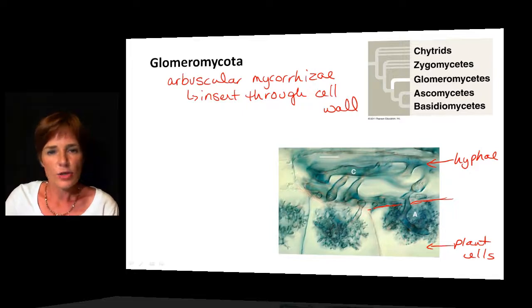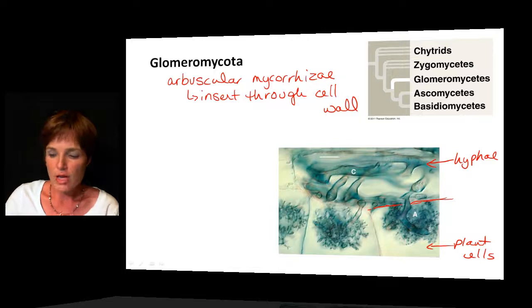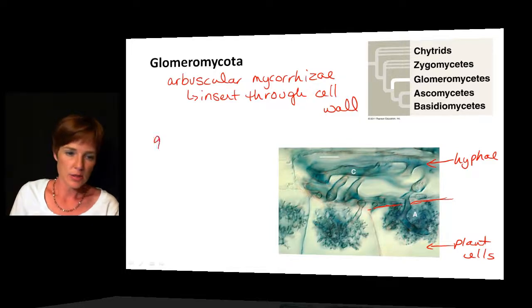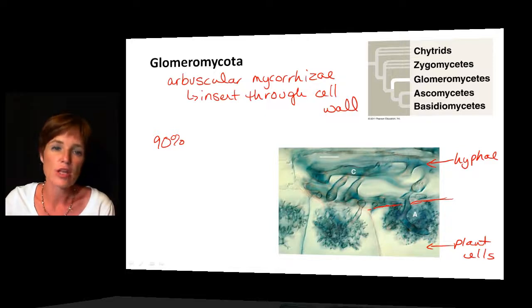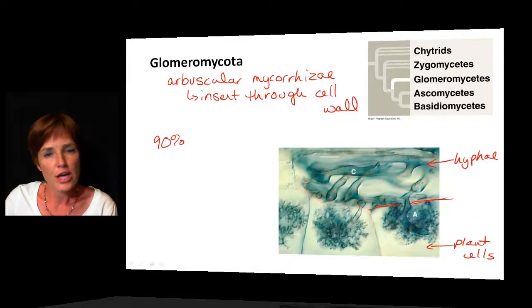They provide things for the plant, and then the plant is going to provide carbohydrates back to the fungi. Now, about 90% of plants that we know of have some type of a relationship with Glomeromycota. So these are very important fungi for plant symbiotic relationships.